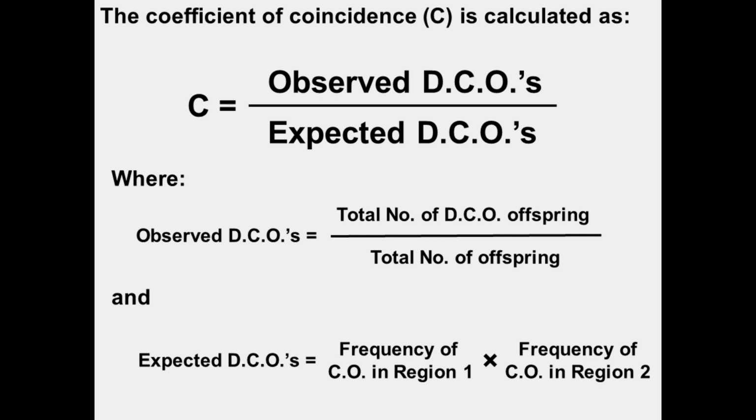The coefficient of coincidence is calculated as the ratio of observed to expected double crossover frequencies. For the observed frequency, divide the number of double crossover offspring by the total offspring. For the expected frequency, multiply the frequencies of the two single crossover regions.